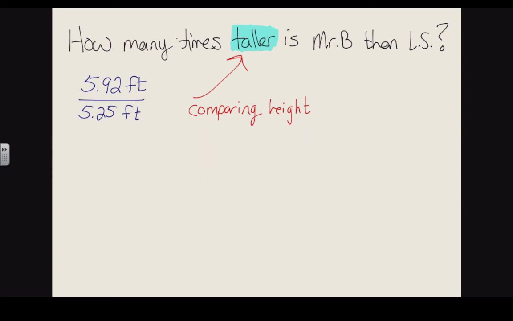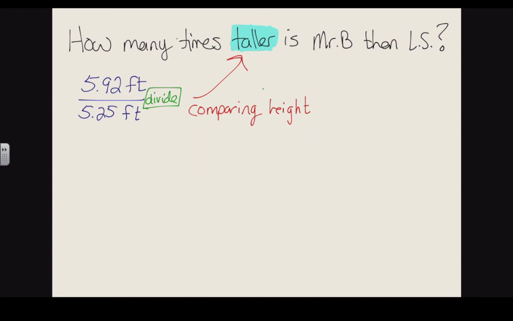Right. Exactly. So I'm going to divide. And here's the trick. We could have asked how many times shorter is Landon than Mr. Bornheimer, in which case we'd flip the numbers. So you have to be careful. Order does matter. How many times taller is Mr. B? In this particular case, the larger number goes on top.